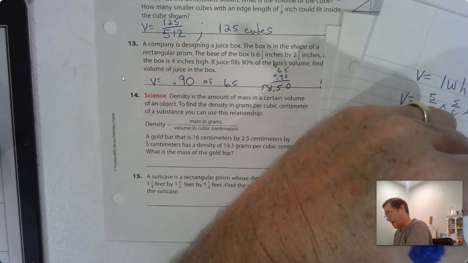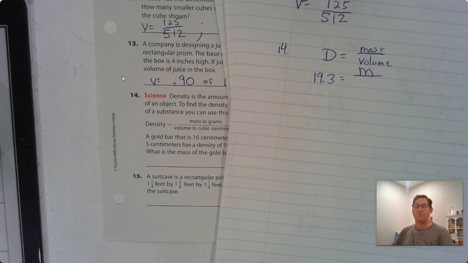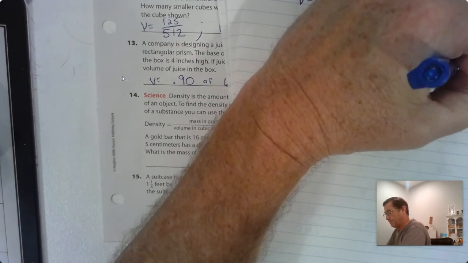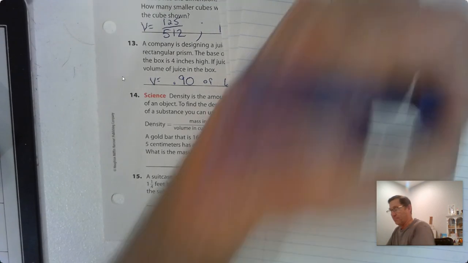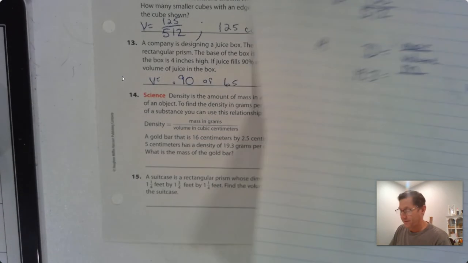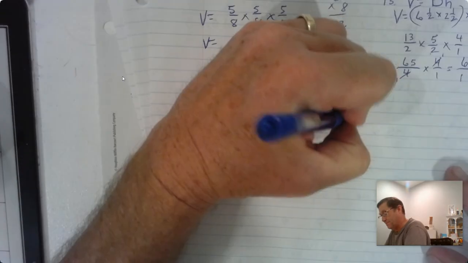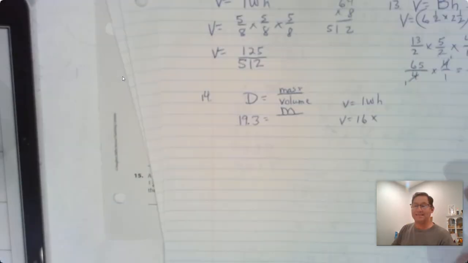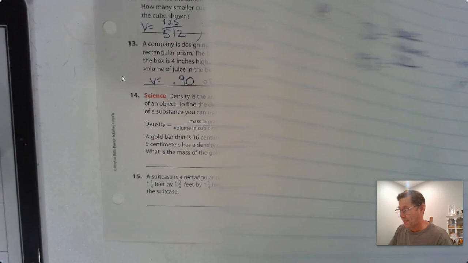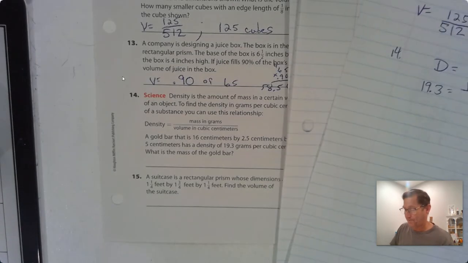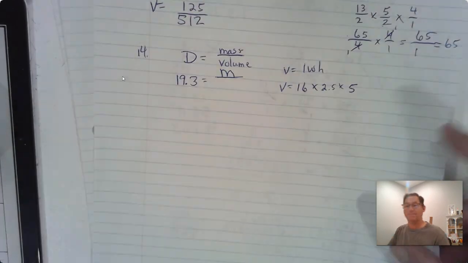We don't know the mass, so I'm just going to represent that with an M. And they gave me the dimensions for the bar. It doesn't tell us the length, it just says the dimensions. So 16 times 2.5 times 5.